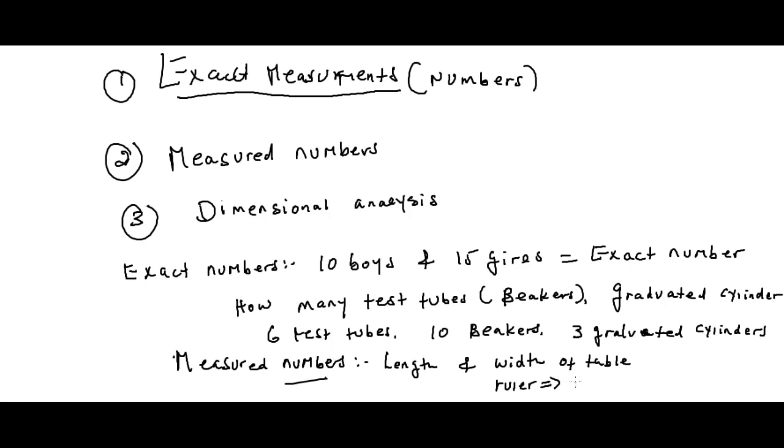So let's say the length of a regular table might be 7.5 centimeters, and the width would be, let's say, 4.2 centimeters. So this is going to be a measured number.